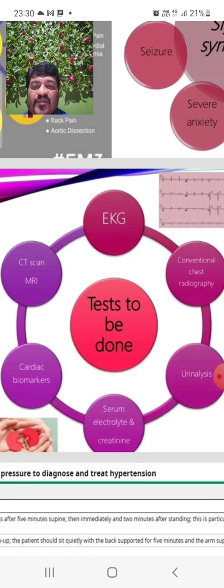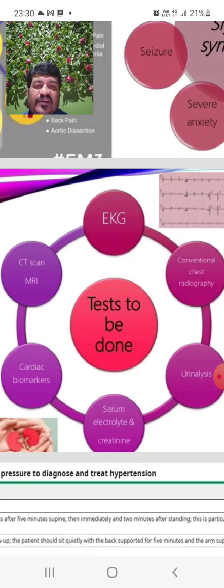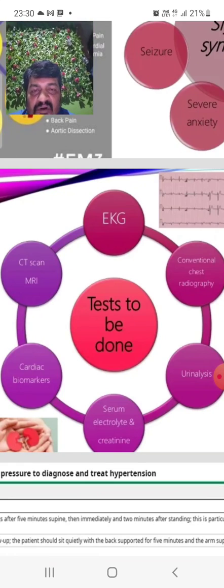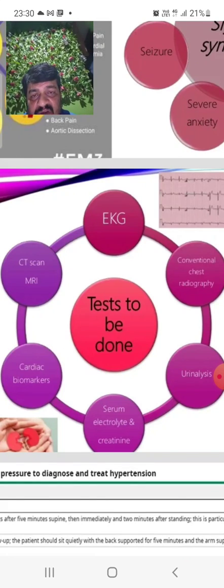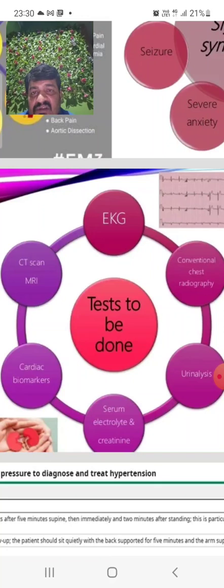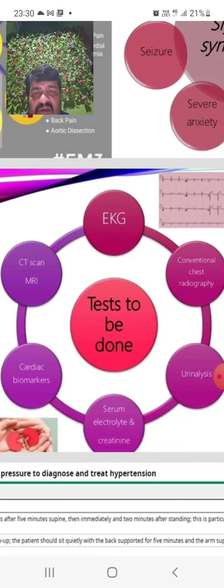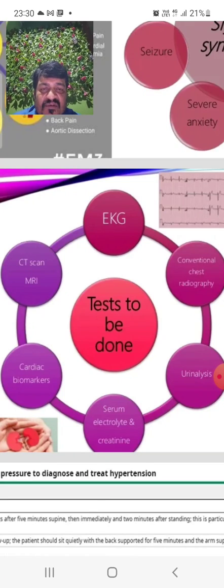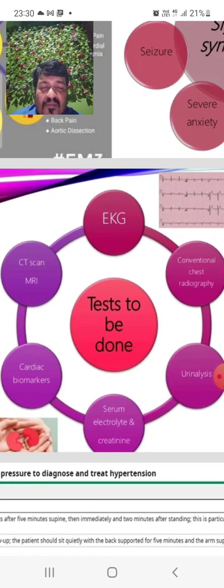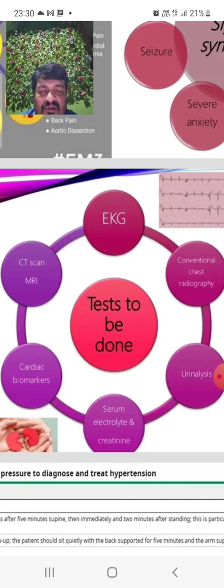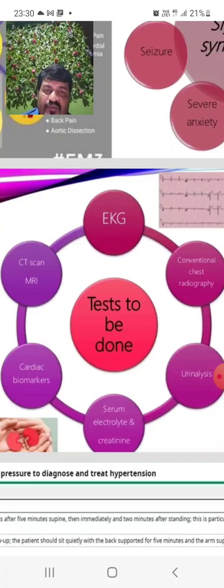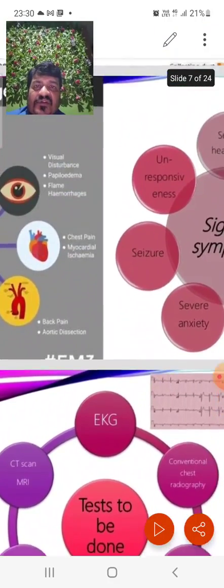Some cardiac biomarkers are also used, like CPK-MB or troponins, troponin I and troponin T, and CT scan or MRI. Many times the patient comes with a complaint of seizures, or with features of lateralization in one half of the body. At that time we will think about the possibility of stroke, like in the previous slide.